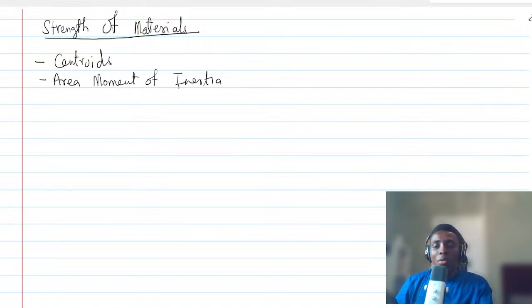So first of all, let's look at a centroid question. Give me a few minutes, and then I want to put a question on centroid there.